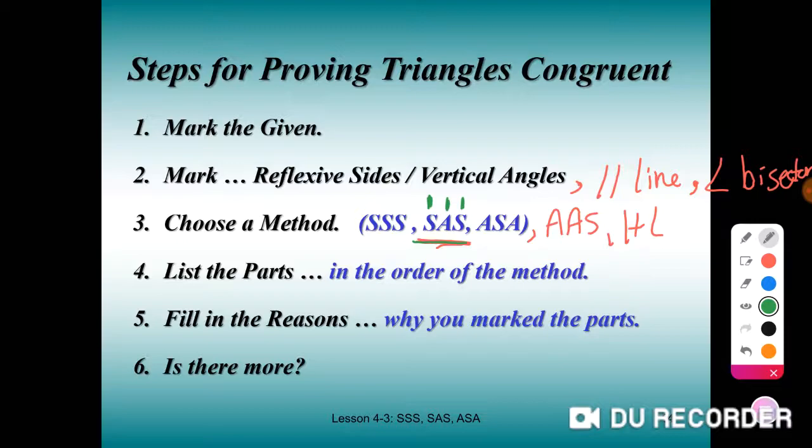Okay, step number 5, fill in the reasons. And here we're going to prove the upcoming geometric problems using that proof, which is called statement reason proof or two-column proof. Okay, and then you ask yourself, did I reach my target?